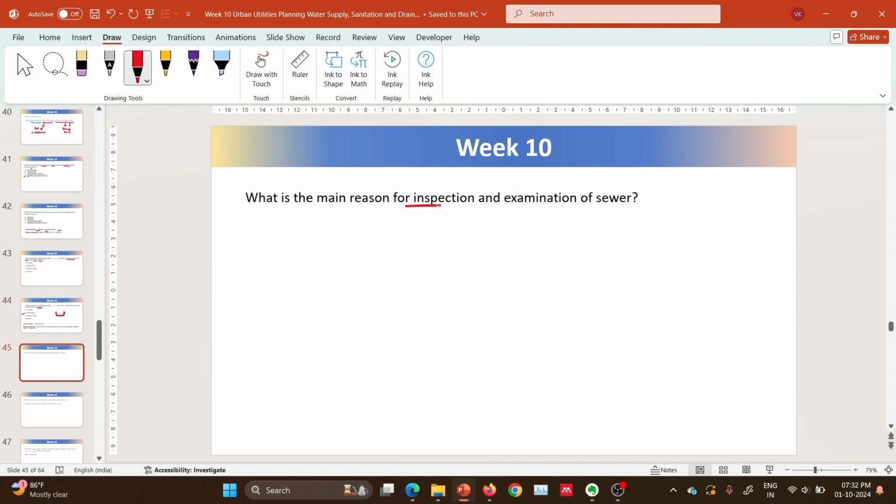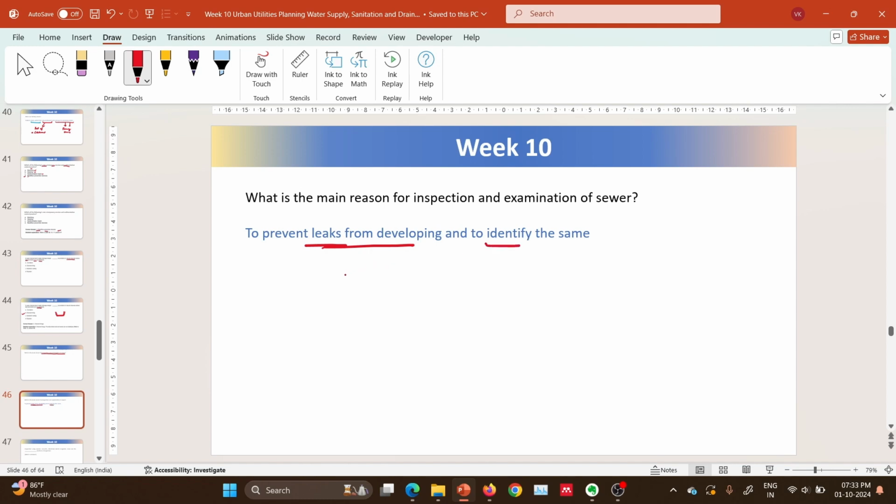What is the main reason for inspection and examination of sewers? So, the examination of sewers is done to prevent leaks from developing, and to identify the same.